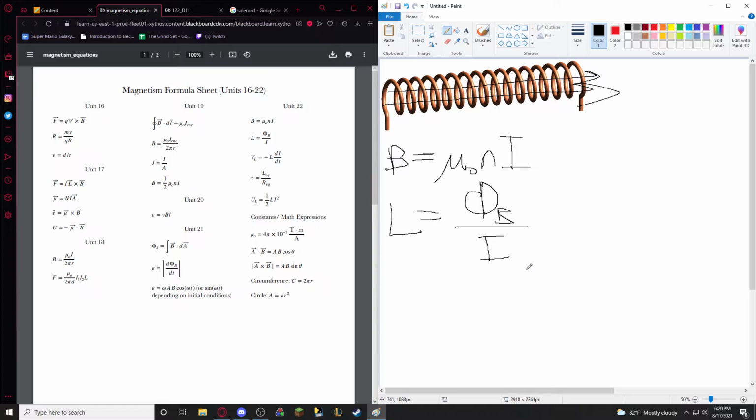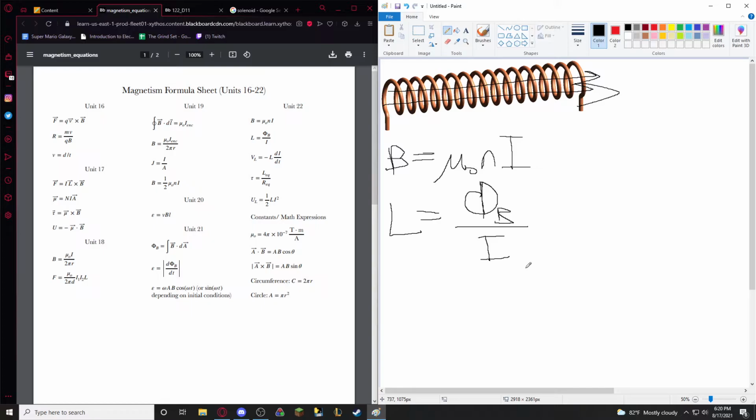Exactly. Magnetic field dot dA, and we're going to assume our magnetic field is constant, so it's just the magnetic field times the cross section of our inductor. So it's essentially mu naught N I A divided by I, so mu naught N A. That would be our inductance.